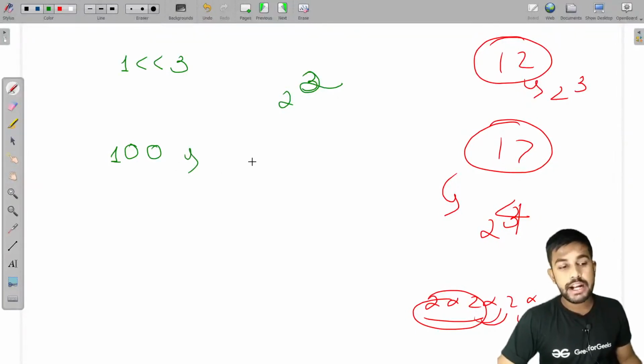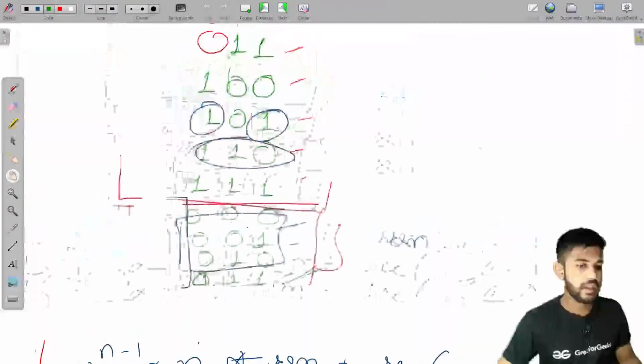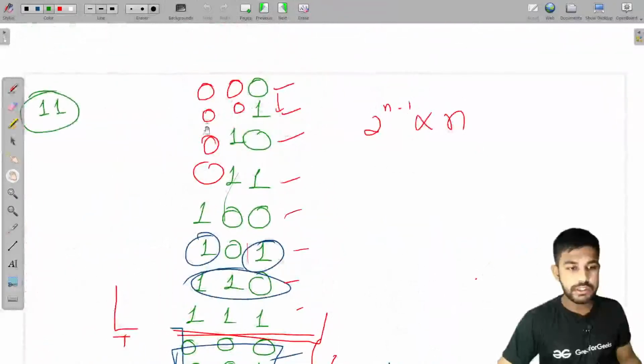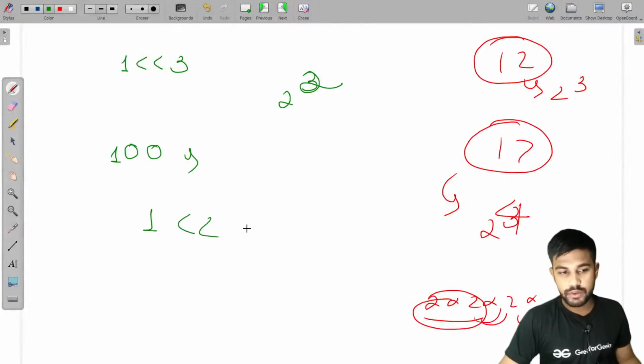Sorry, this is the binary representation I'm telling you. Okay, this is 0, this is 1, this is 2, this is 3, this is 4 itself. So that would be 2 to the power 2 as I have written. So next thing is 2 to the power n plus 1.